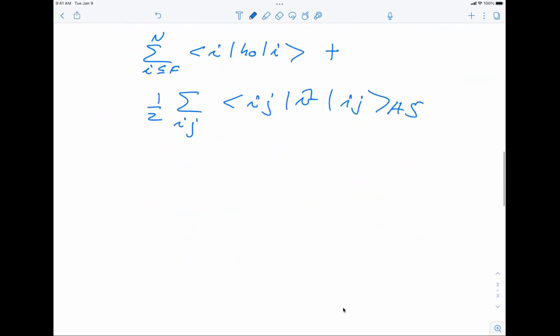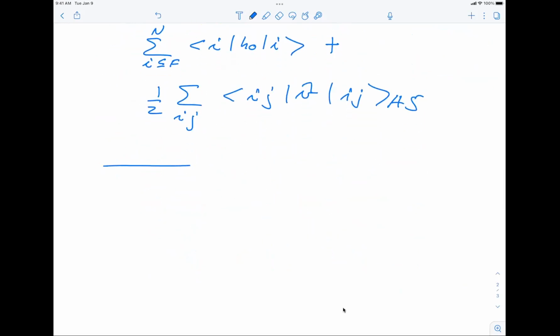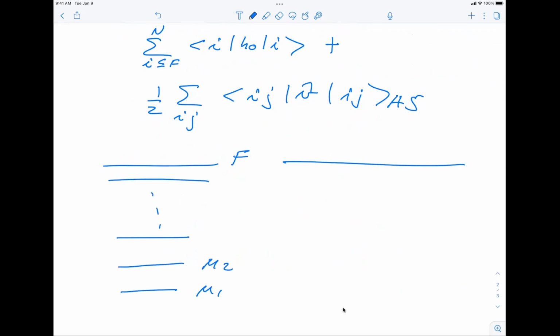So what will typically happen then, if you now look at your basis sets when you run the calculations, is this: this is your Fermi level, and then we have these states which we call mu1, and then we have mu2, etc., all the way up to mu of n. So these are the states which are filled. And we have a single particle state here, which is filled, and up to the top here.